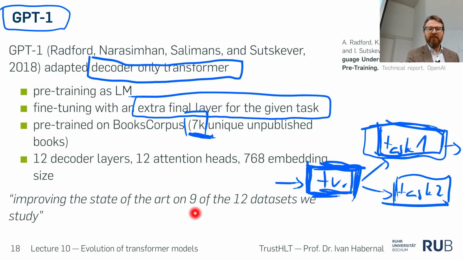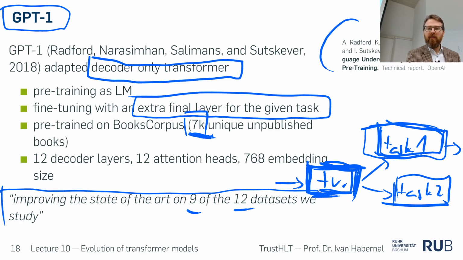Improving the state of the art on 9 of the 12 data sets we studied. Okay, this was sort of parallel to BERT. It was for text generation, and I don't know exactly which tasks they tried, but I think it was text generation tasks. So 9 of the 12 data sets improved. Interesting. Okay, so this was the first one.